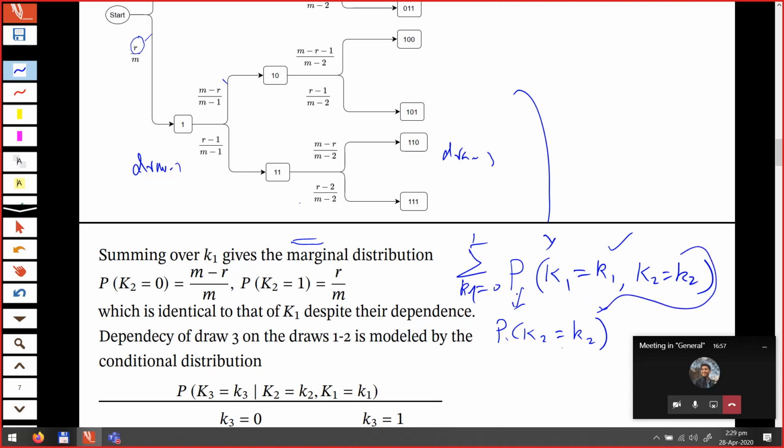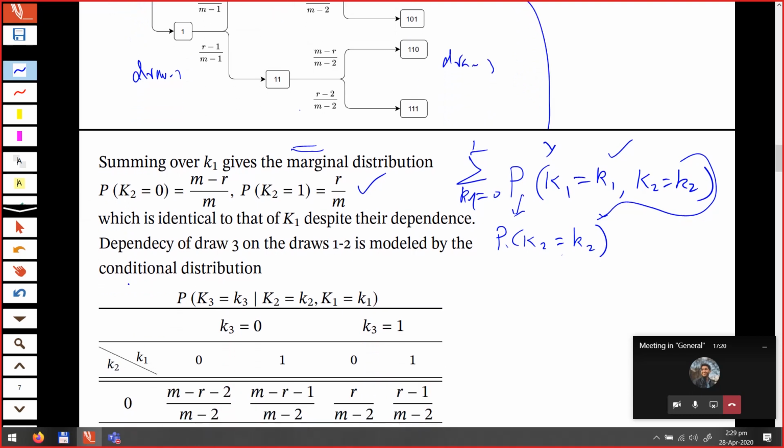And if you follow that procedure, you can see that the unconditional probabilities for K2 are exactly the same. You had this R over M for K1 as well. Now you have it for K2 as well. This M minus R over M was the value for probability of K1 equals 0. Now you have the same for K2 equals 0. So it has not changed.